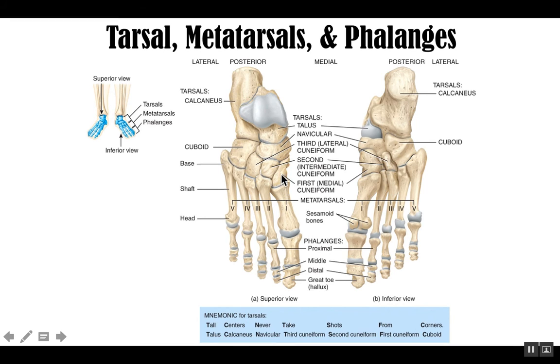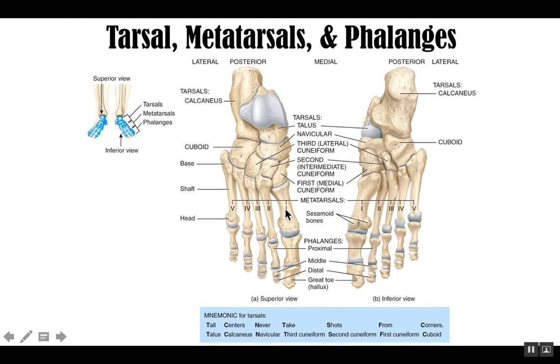And those are typically named based on their position. We have the medial, also known as the first cuneiform, the second or intermediate cuneiform, and the third or lateral cuneiform. So those are the 7 tarsals.